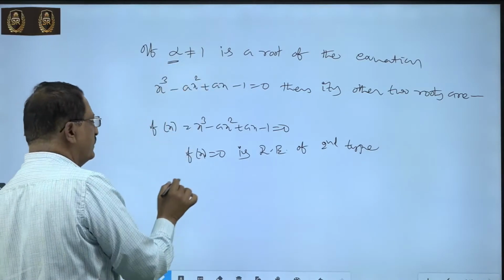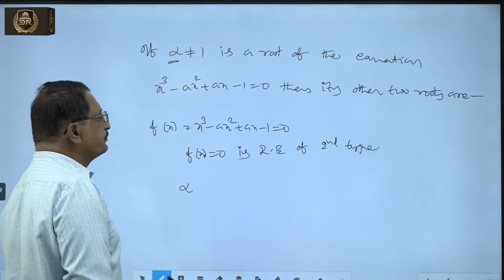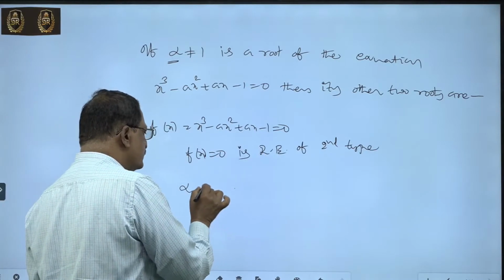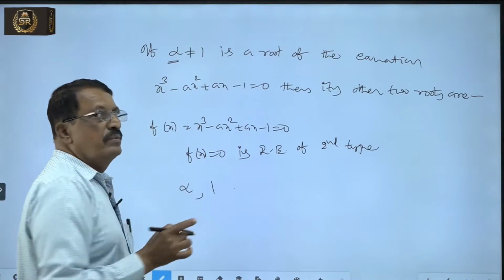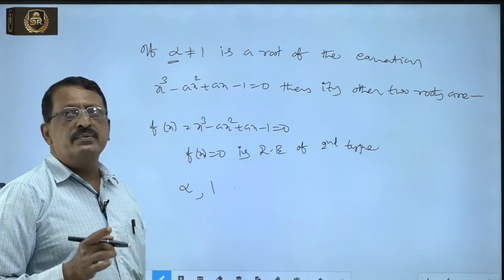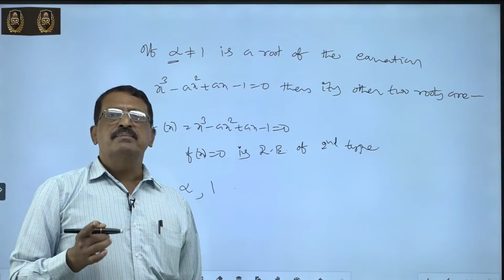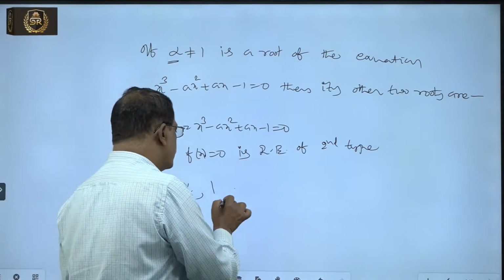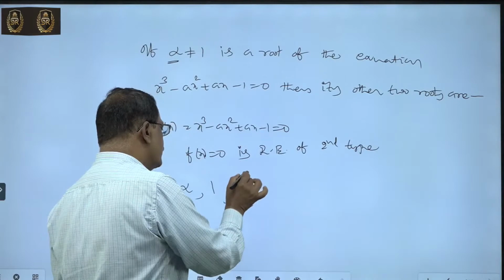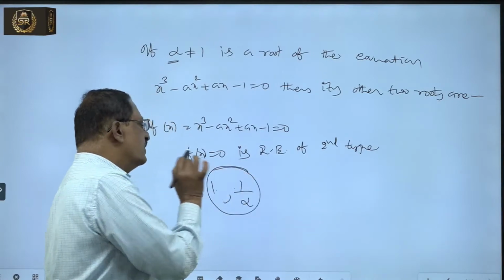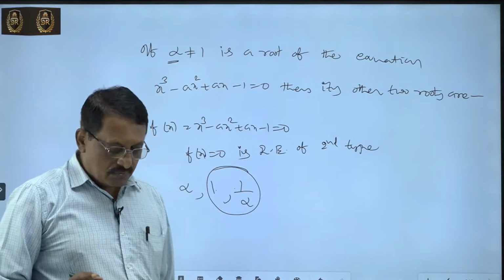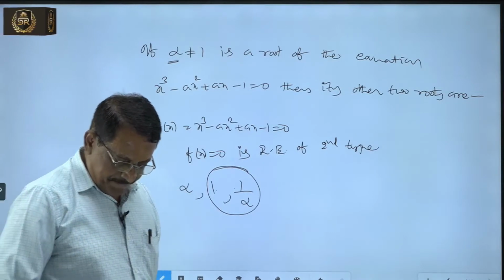In a second type reciprocal equation, the second root is 1. If one root is alpha, then compulsorily 1 by alpha is also a root of this equation. Now the third root is 1 by alpha. Therefore the remaining two roots are 1 and 1 by alpha. 1 and 1 by alpha are roots of the equation.